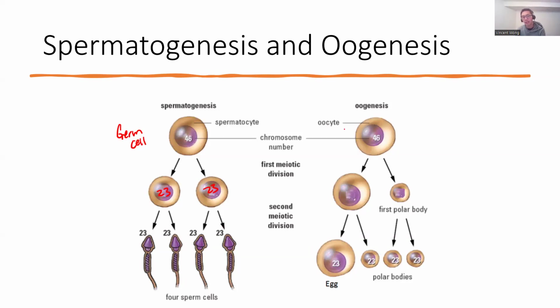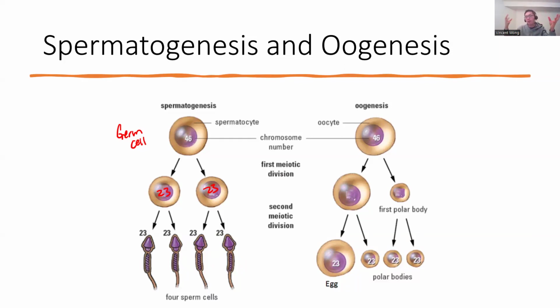Now in female, it's pretty much the same thing. But when it's going through the telophase, when you separate the cytoplasm, it's called cytokinesis, right? You might remember that. The division of the cytoplasm is not 50-50.